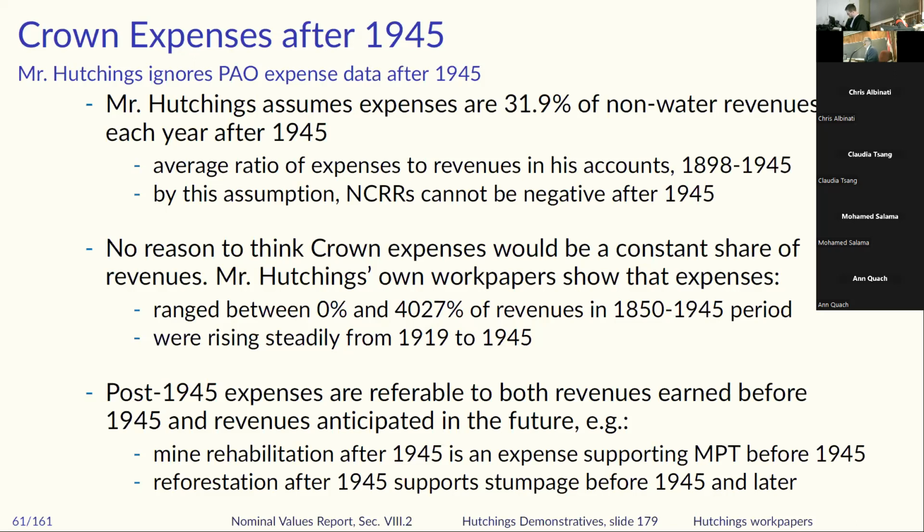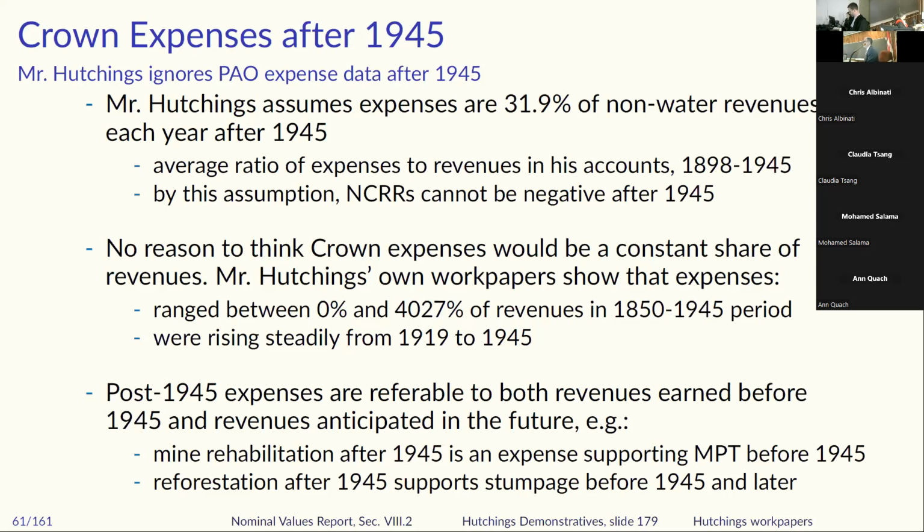In Mr. Hutchings' own data, there was a steady rise in that expense share year by year over those 27 years. And as an economist, if I were attempting to predict what would happen in the future from data observed in the past, I would tend to put more weight on recent years as a better predictor, or better information to inform a prediction than earlier years.